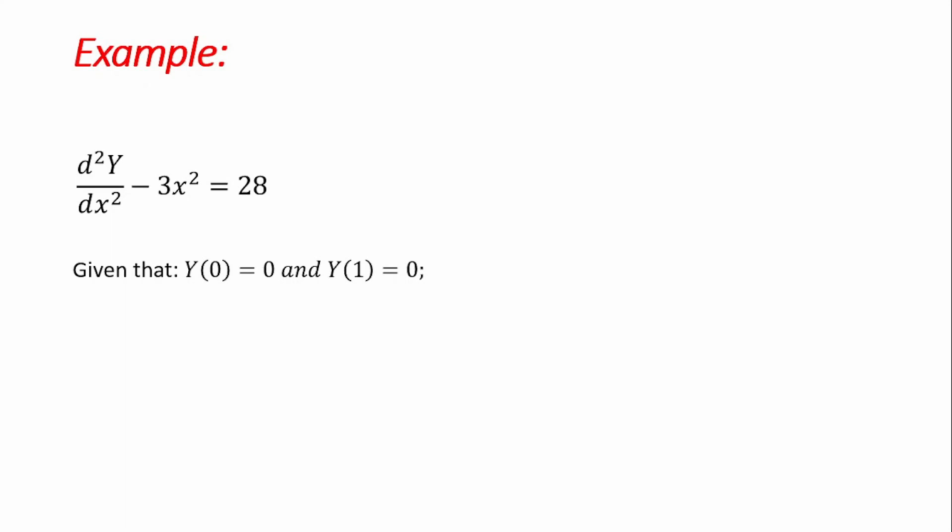What they're saying here is that when x is equal to 0, y is equal to 0, and when x is equal to 1, y is equal to 1. So knowing that, we want to solve this problem using this trial function, y_t equal to a0 plus a1x plus a2x squared. This is the trial function, and this is what we're going to use to solve this problem using the Galerkin procedure.